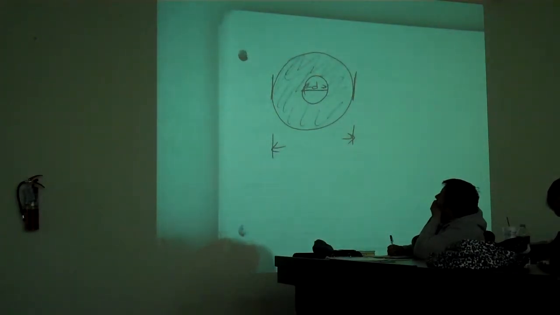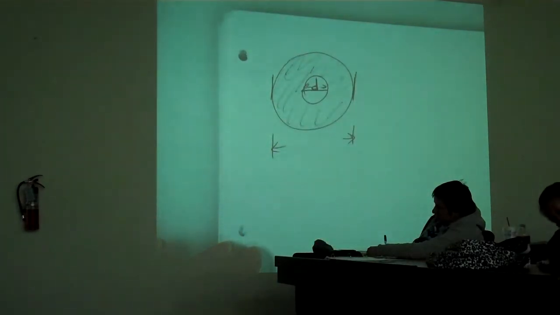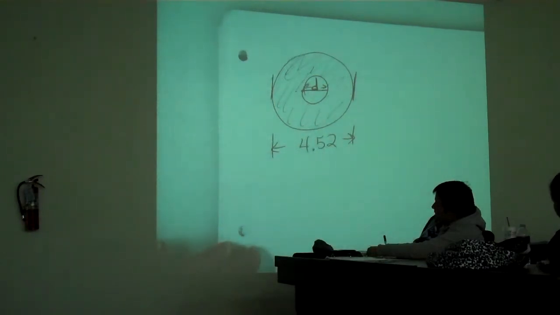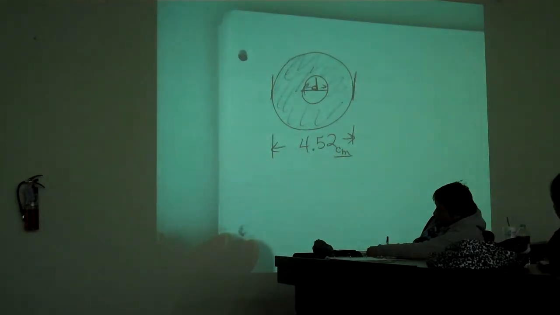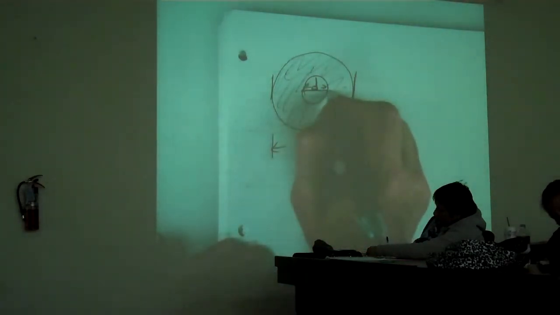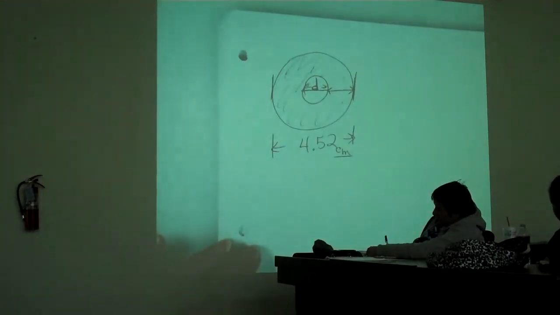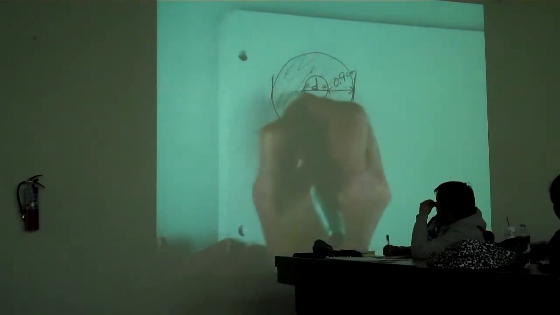Okay. Number 28, it wants to know the inside diameter, and it gives you the outside diameter is 4.52 centimeters. It also tells you how wide it is right here, which is 0.9 on both sides. Both of these are 0.9.